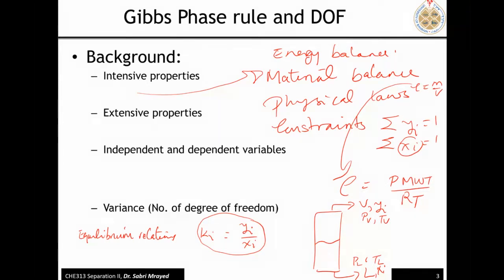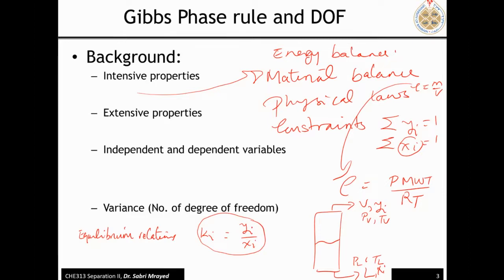Do you remember that from Chem 111? Can you give me an example of a case in which we have 2 components, but one of the components is not distributed between the phases? The inert. Yes, air.